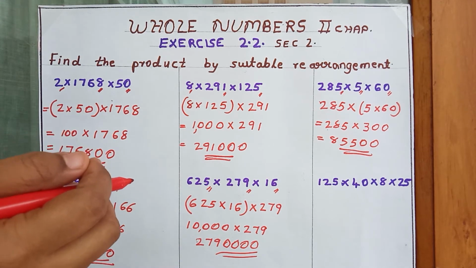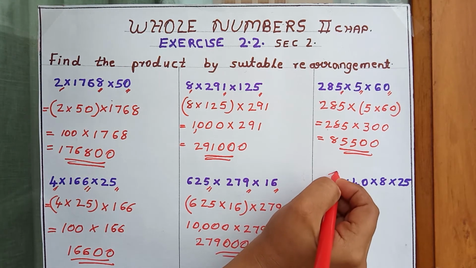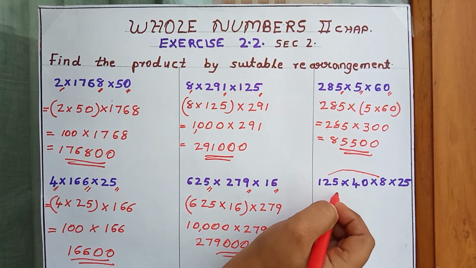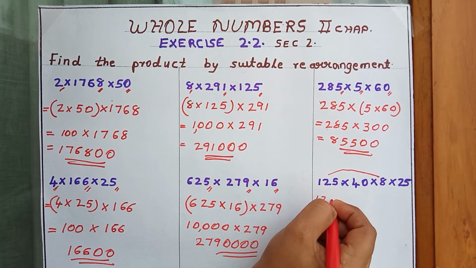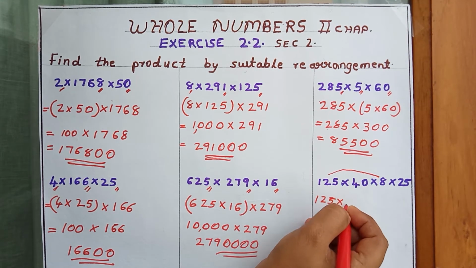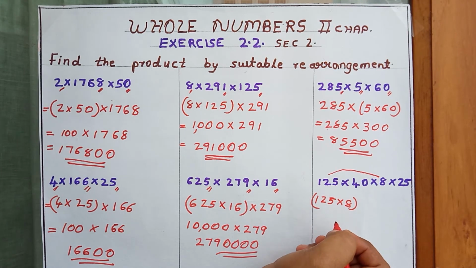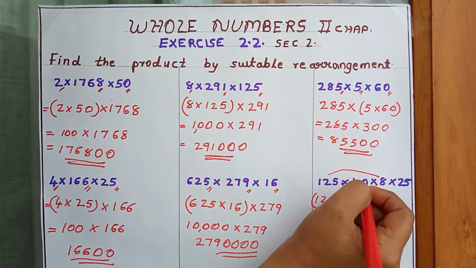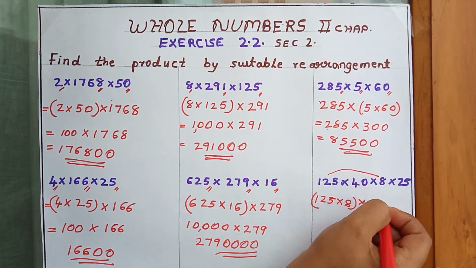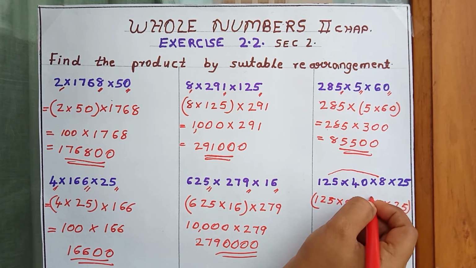For the next problem, 125, 4 numbers are there. So by seeing these 2 numbers, we can see that this will be giving you the answer 1000. So 125 into 8. After doing many problems, you will be getting the easiest way to do. 40 into 25.